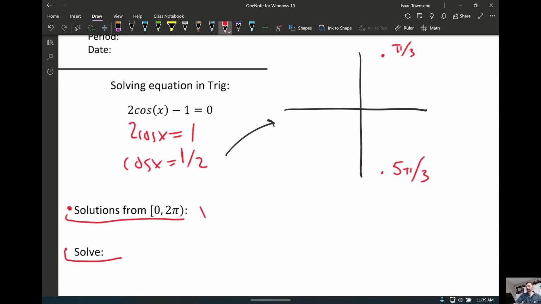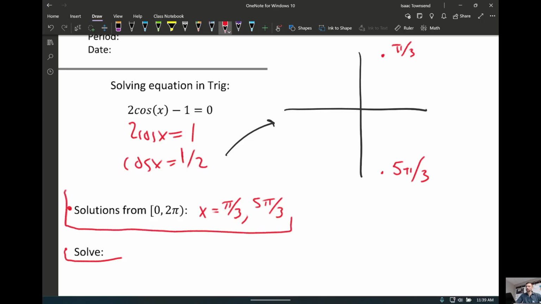That would be when x is pi over 3 and when x is 5 pi over 3. So if the directions say just list out the answers from 0 to 2 pi, that would be your 2 answers. Those are the 2 values that make cosine a half, and when cosine is a half, 2 times the cosine minus 1 is what gives you 0.